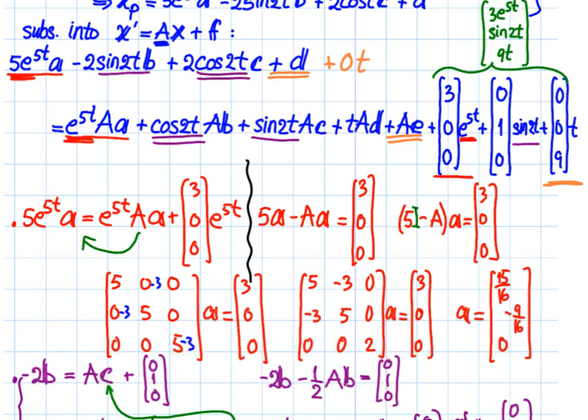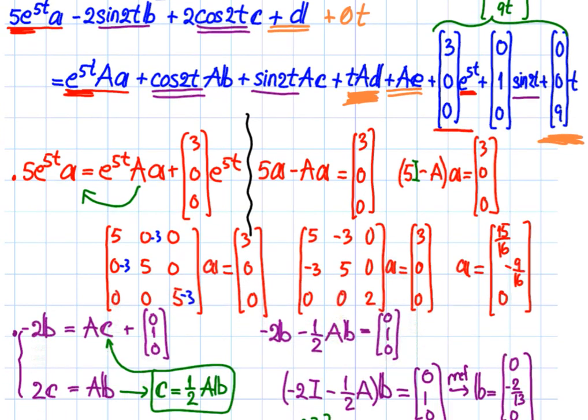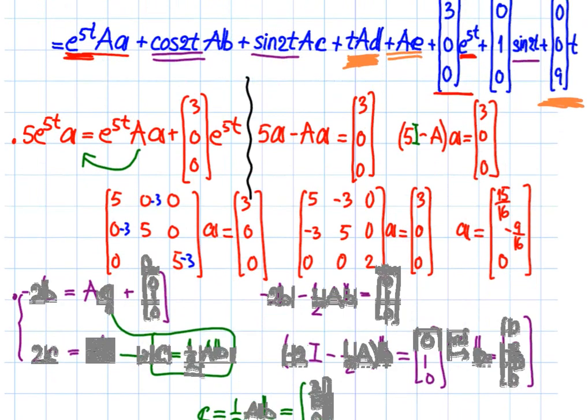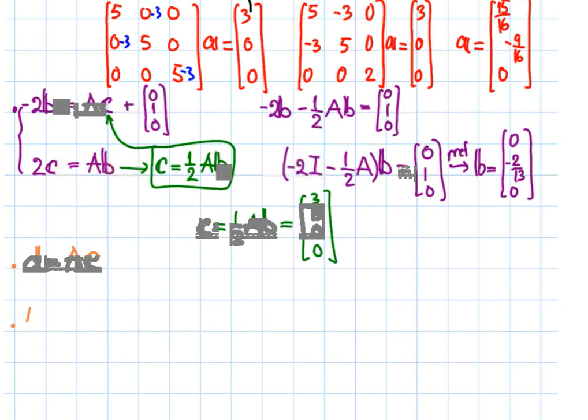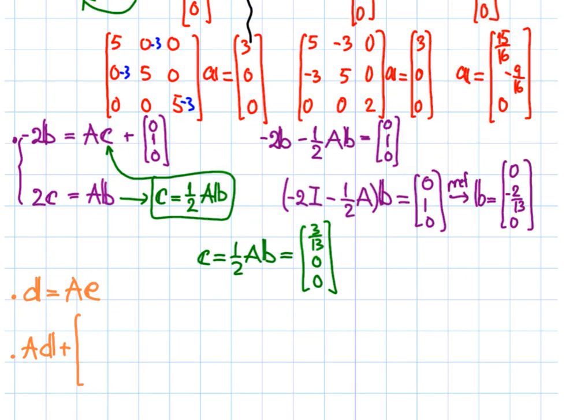Zero vector. So in that case, sorry, yeah, there's a t there as well. And the 0 there doesn't really matter. So we have AD plus that matrix equal to the vector 0, 0, 9.